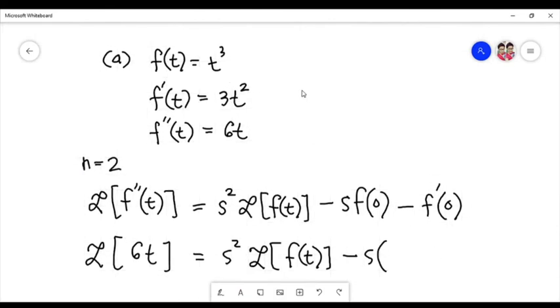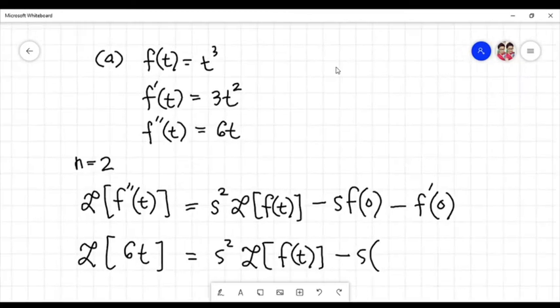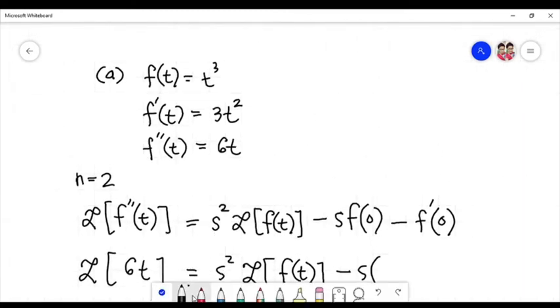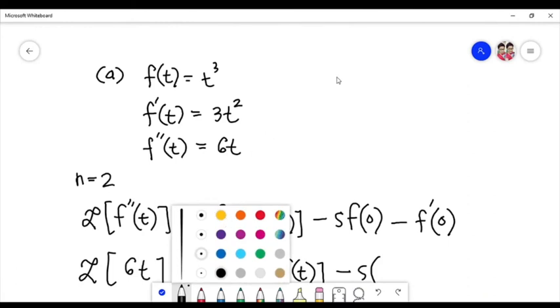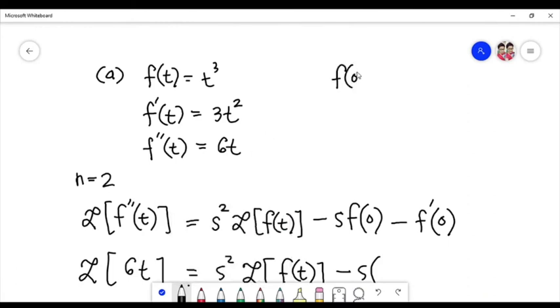So from here, if f of t is equal to t cubed, then f of 0 is equal to 0, right? If we substitute t is equal to 0, t cubed will become 0. f prime of 0 also is 3t squared, so that is 3 times 0 squared, so it is still 0.